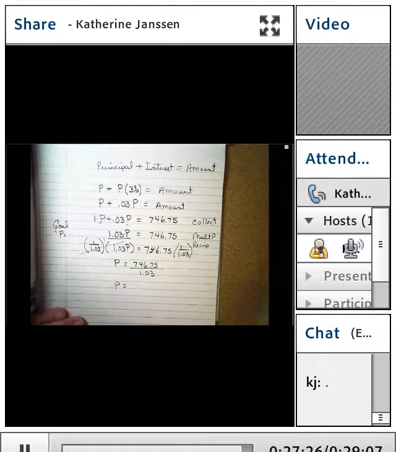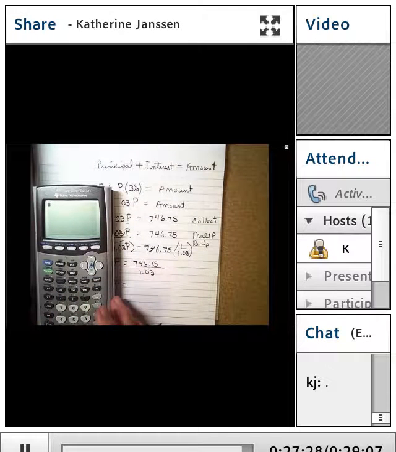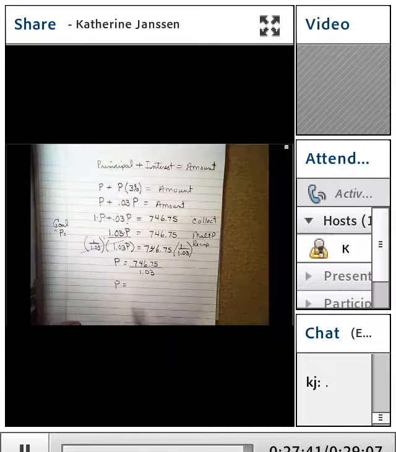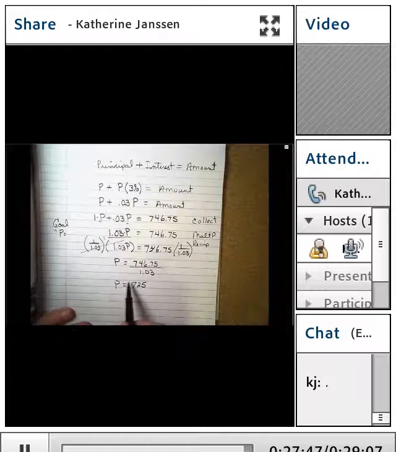So on my calculator, I have 746.75 divided by 1.03 is equal to 725. And we were talking about the principal amount, so our principal is $725.